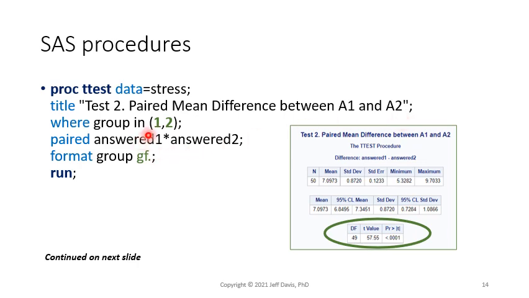We only want SAS to look at group 1 and group 2 and make that comparison. Then we tell SAS this is a paired, or within-group, test of mean differences. So we want it to look at group A at time 1, and then group A at time 2.